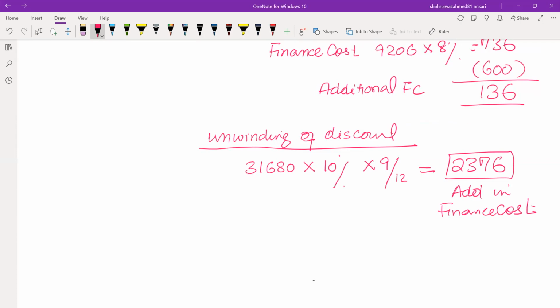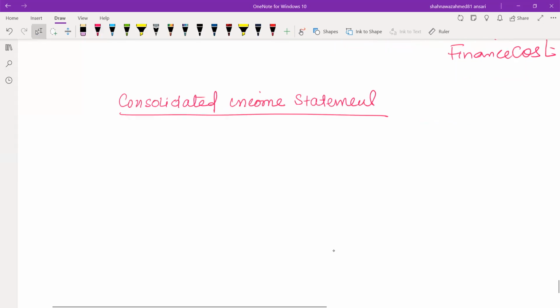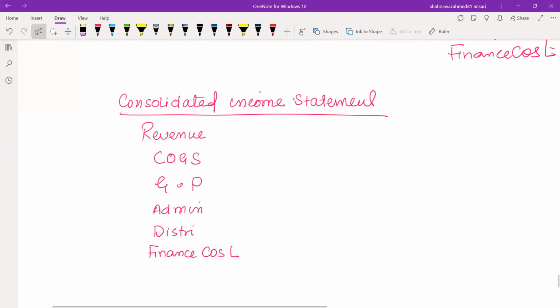Let's compile this in consolidated income statement. We have revenue, COGS. We have gross profit, admin, distribution, finance cost, share of associates, profit or loss, whatever it may be.